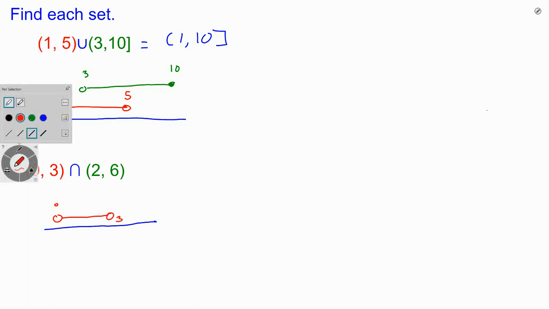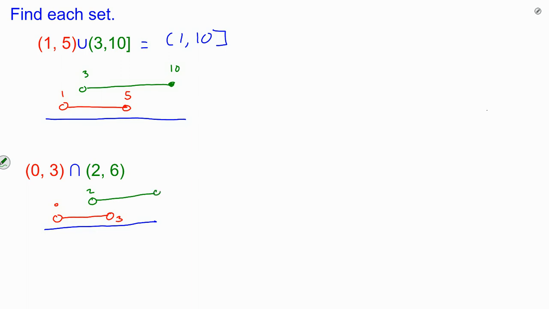And for the green one, we're going from 2 to 6, like so. For the intersection, I'm looking for what numbers these two things have in common. So I'm going to draw a little section here. This little section is where they overlap. We're looking for what numbers are in both sets.